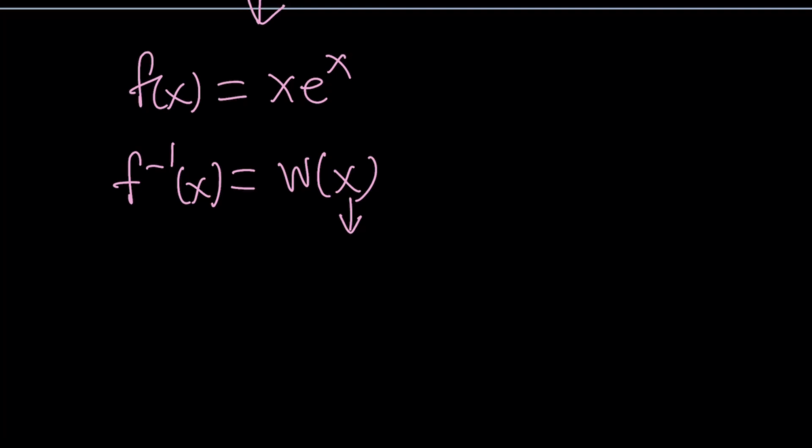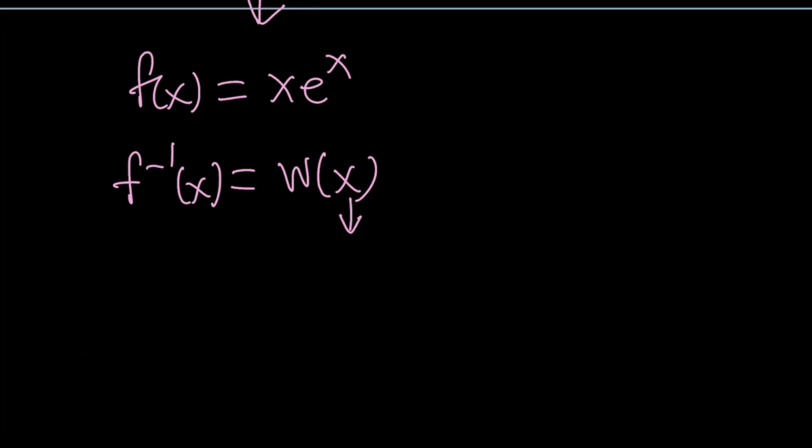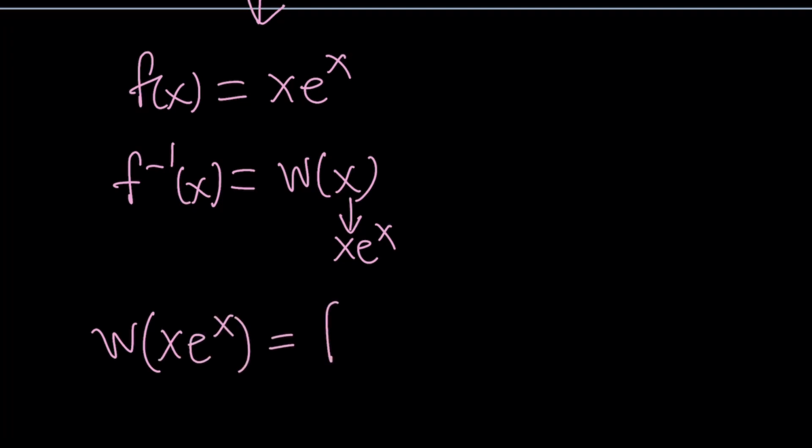What happens if you replace x with x times e to the x? So you've got to do it on both sides. We get f inverse of x e to the x equals W. I'll probably write the W on the left hand side. It's better that way. So I'm replacing x with x times e to the x, but writing this on the left hand side. So that's going to be W of x e to the x equals f inverse of x e to the x.